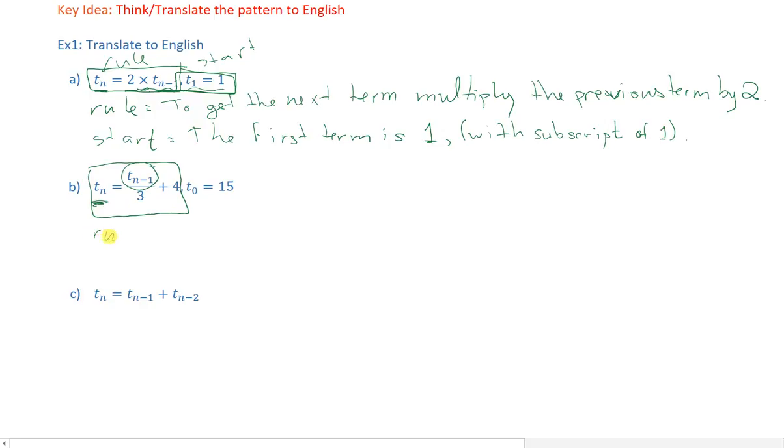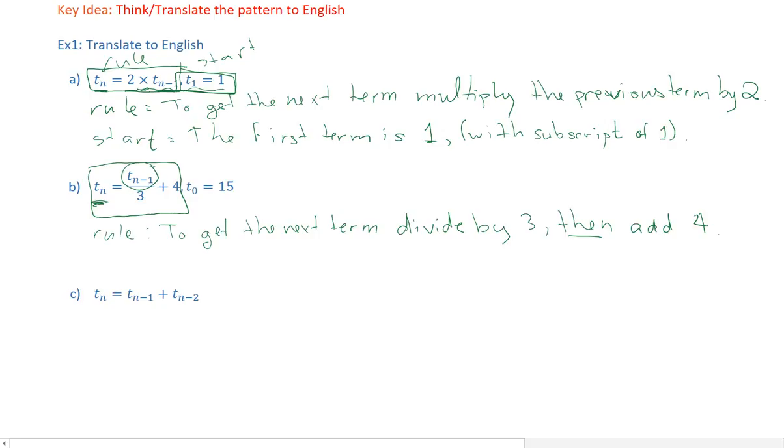So again, my rule is that to get the next term, I'll write it in a shorter, less technical form: divide by 3, then add 4. It's really important that it happens in that order.